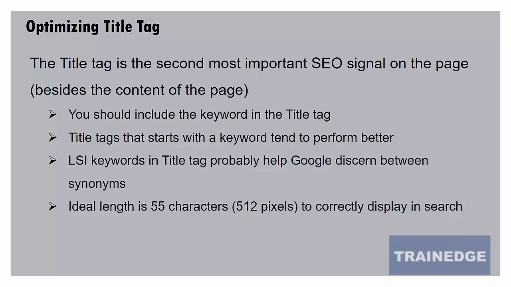Beyond that, the title gets cut off. So if your title is longer, people looking at the search result will not see the full title of the page, and therefore the impact will be less and fewer people are going to click on your search result.